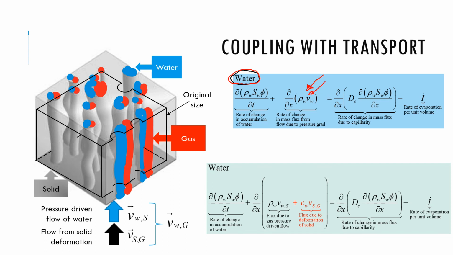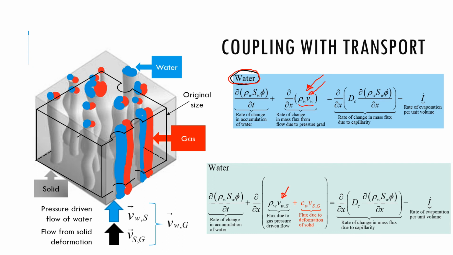However, if I'm standing on the ground, then the flux that we see is not this rho w times vw that's in relation to the solid. So that has to be modified, and so here is the modification. Now that velocity of water is with respect to the solid S, VWS.